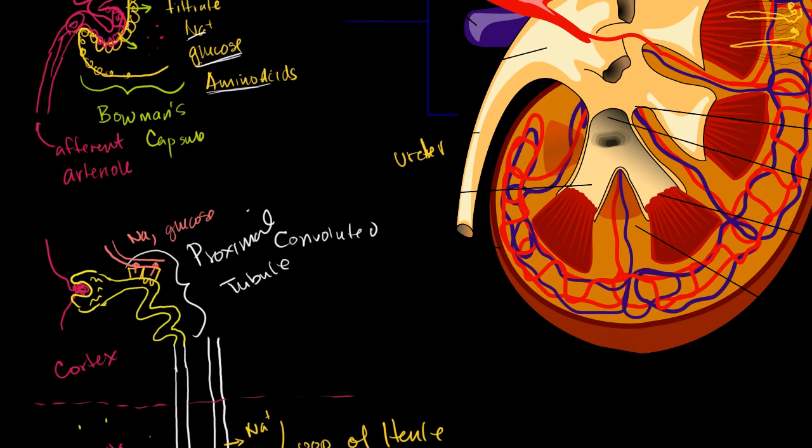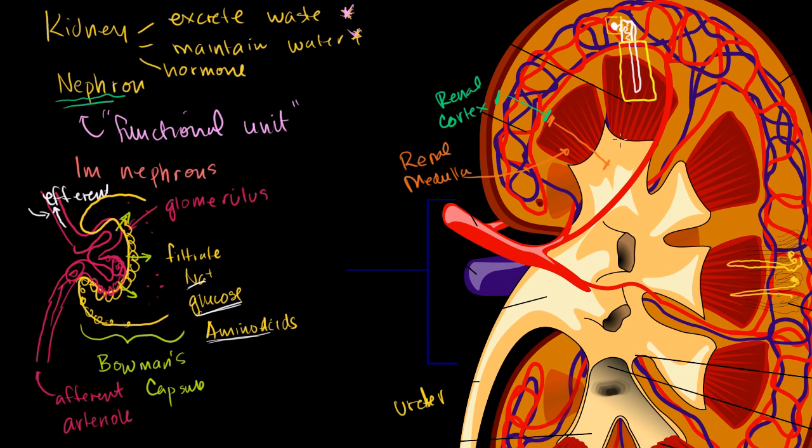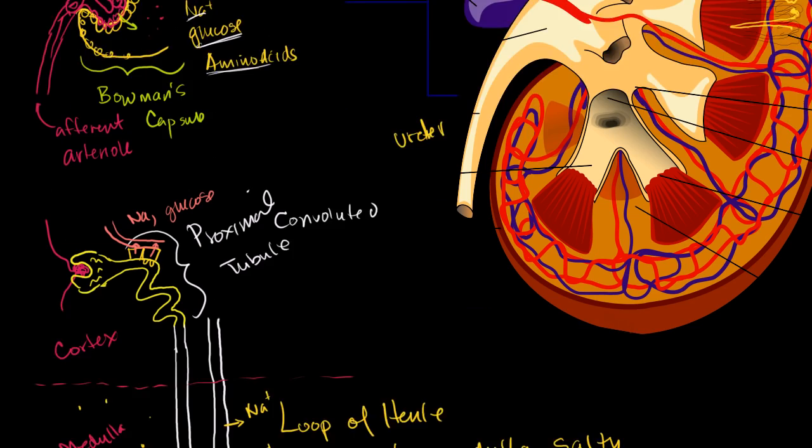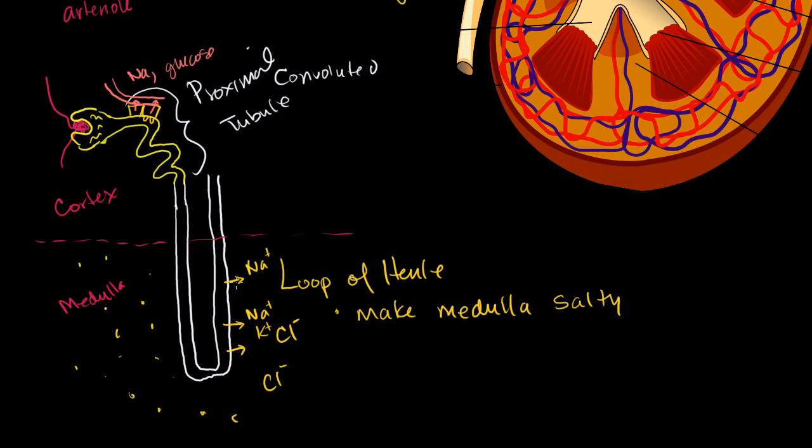And it uses ATP to do this. All of this stuff requires ATP to actively pump against a concentration gradient. So this is salty, and it's salty for a reason. It's not just to take back these salts from the filtrate, although that's part of the reason. But by making this salty, this part, the ascending part, is only permeable to these salts and ions. It's not permeable to water.